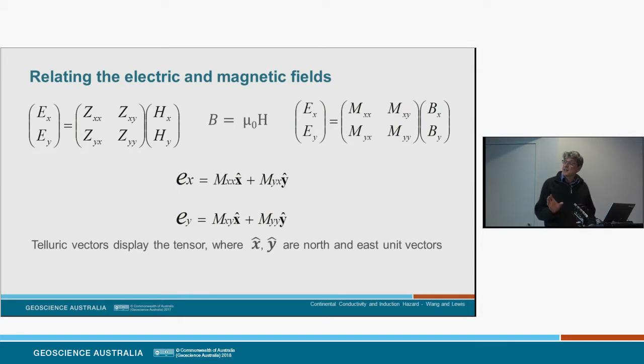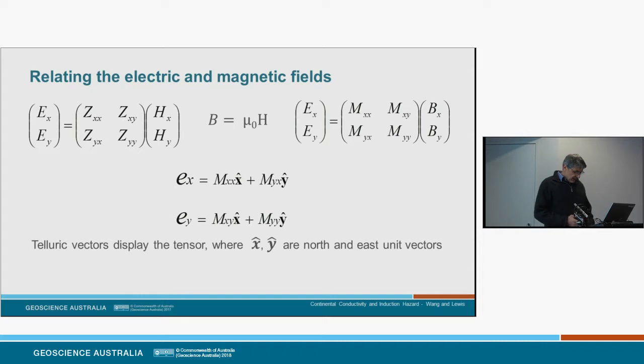And it's the Z matrix that contains the information about the subsurface conductivity structure. The elements of Z have both real and imaginary parts, reflecting the phase differences between induced and inducing fields. This is a very well-known magneto-telluric relationship, and it's usually expressed in terms of E and H.